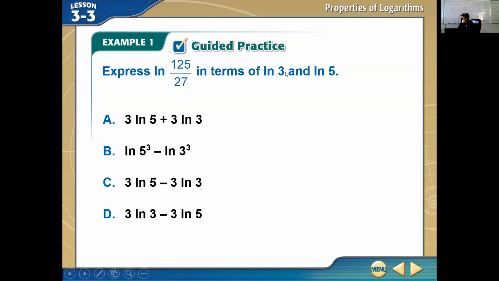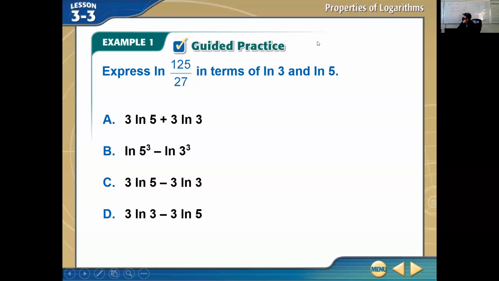Well, I know off the top of my head that 27 is 3 cubed, because 3 times 3 is 9, times 3 again gives me 27. So this is 3 cubed. 125, as it correlates to natural log of 5 or just 5, is going to be 5 cubed as well. 5 times 5 is 25, times 5 again gives me 125.